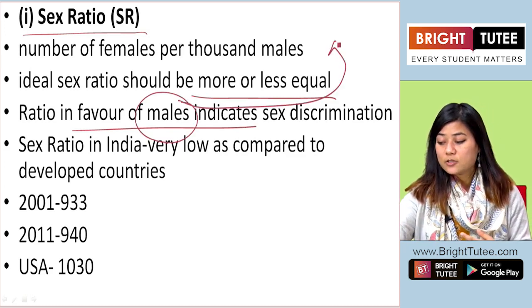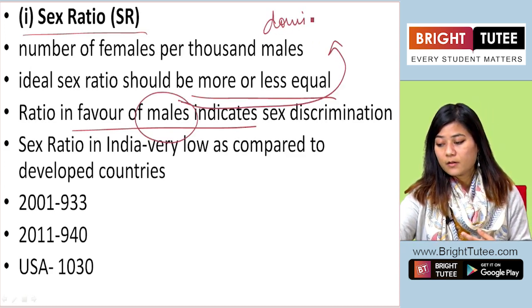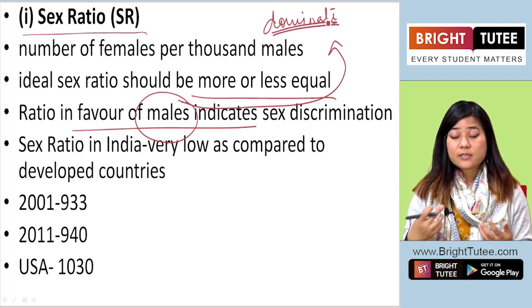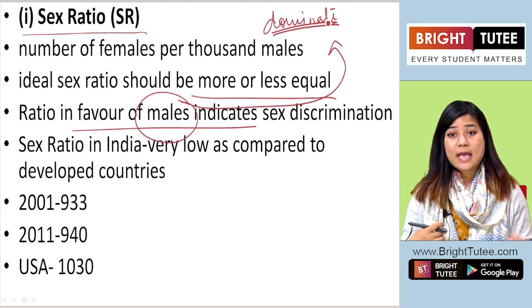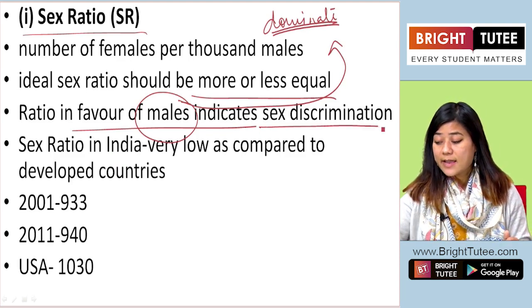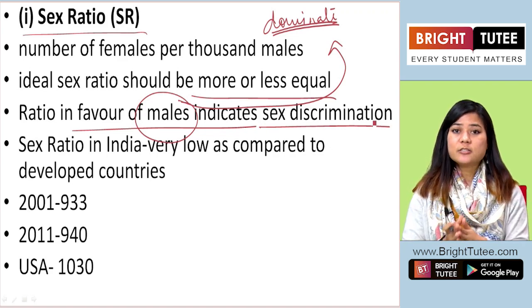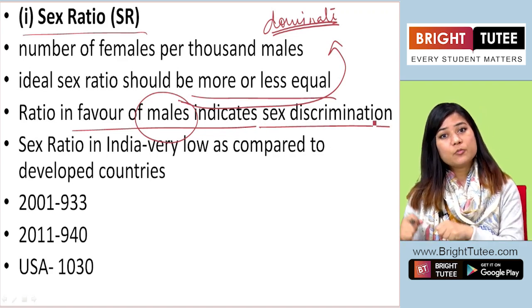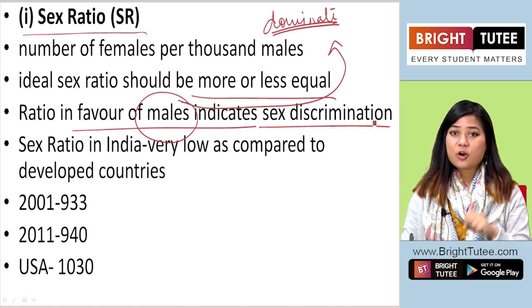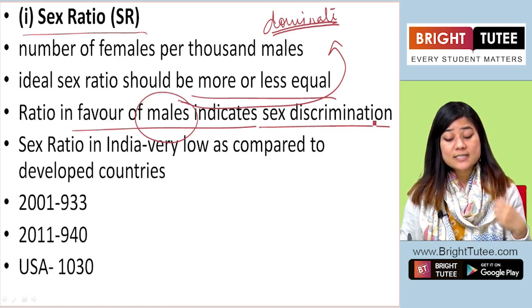The males are in majority, so the males become dominant, and as a result there takes place sex discrimination. Discrimination of the minority, which is female, by the majority or the dominant, which is male.